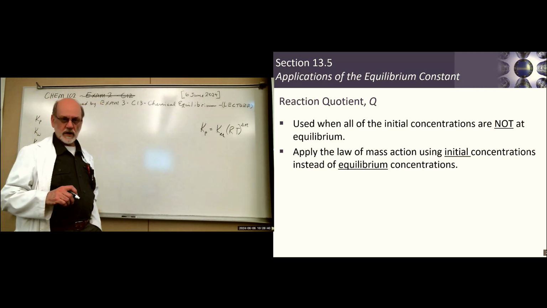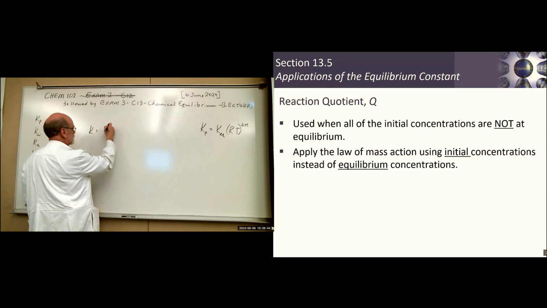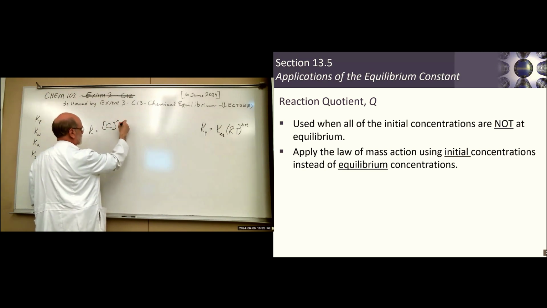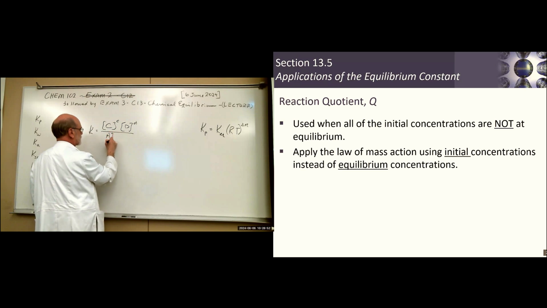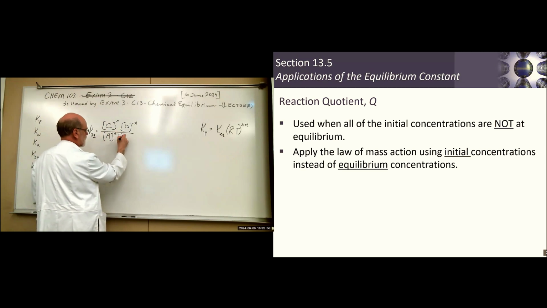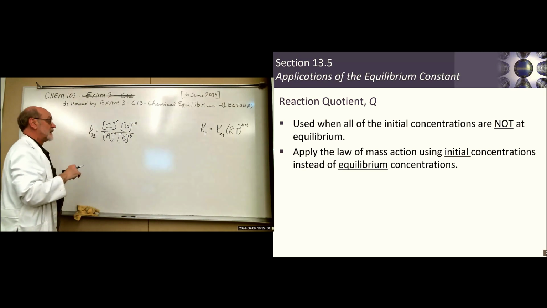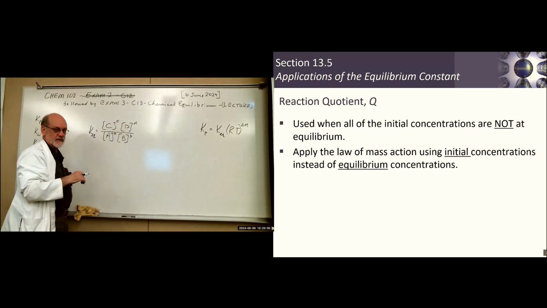So if we know that K is equal to the expression in C and D, like this, let me just go through the steps. We know that K is this expression, and these are equilibrium concentrations.